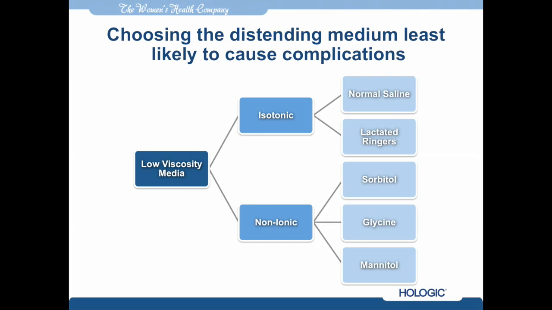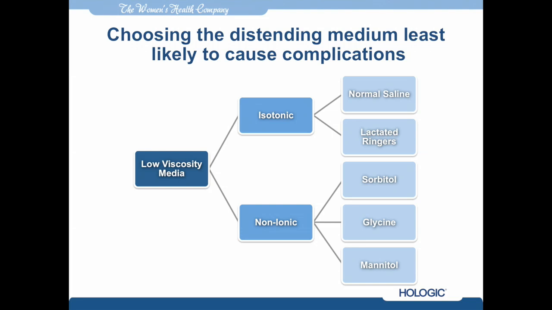There are two types of low viscosity media which can be used and are most commonly used for hysteroscopic procedures. The differences are whether or not there are electrolytes in solution. The isotonic solutions include normal saline and lactated ringers.